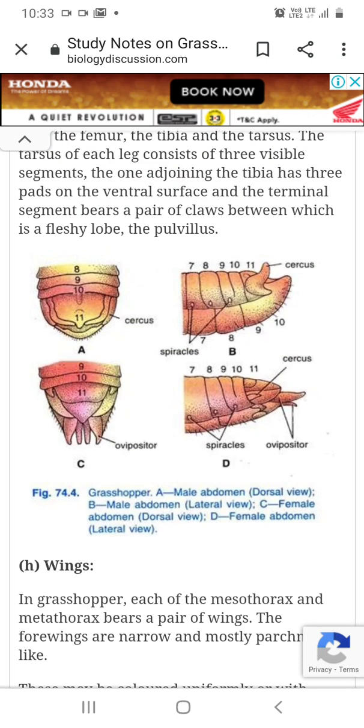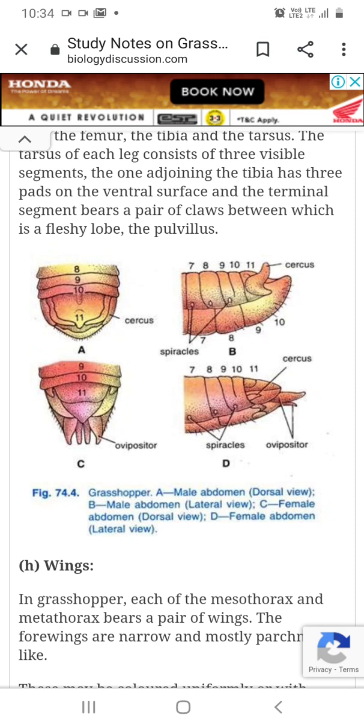This is the diagram showing the position of various segments. The presence of cercus in both male and female grasshopper. The presence of ovipositor in female.